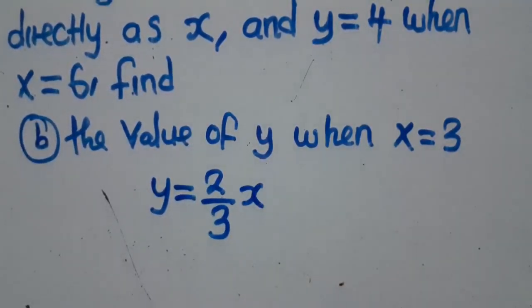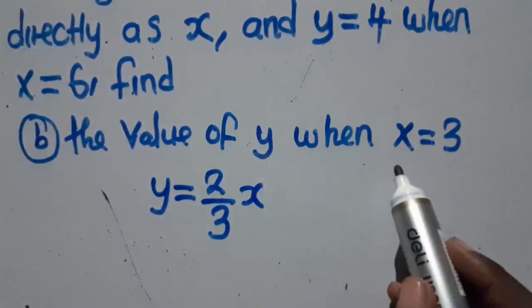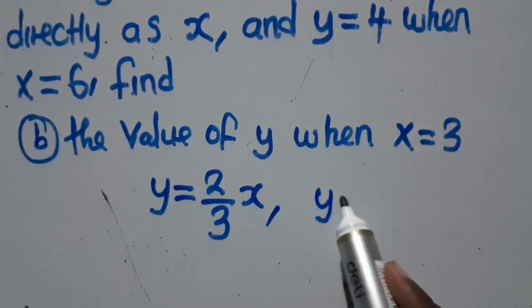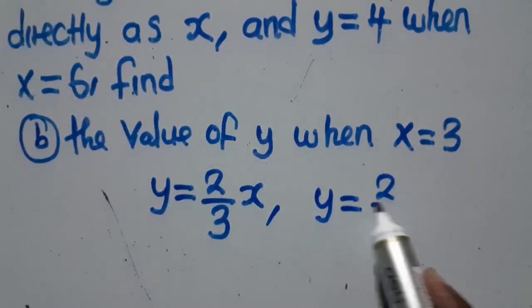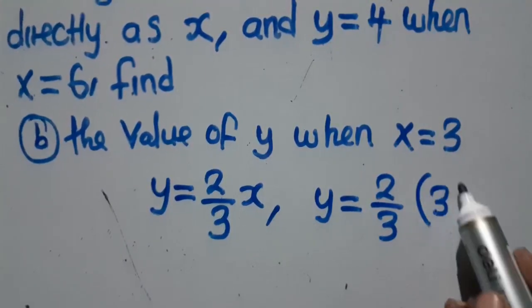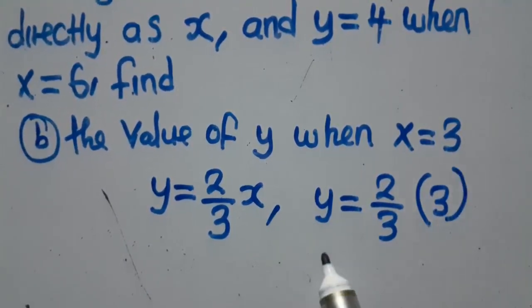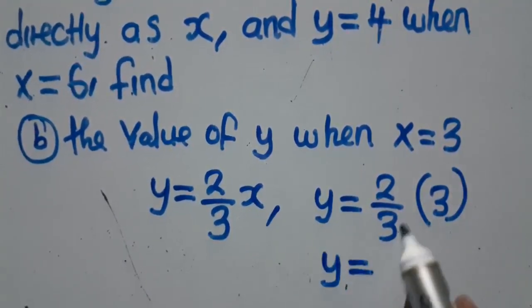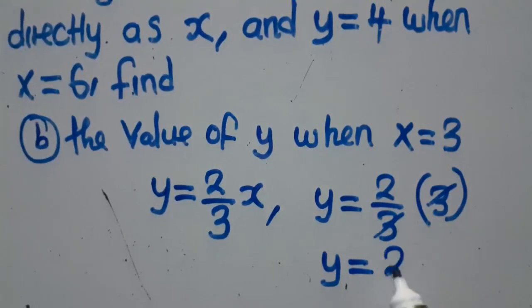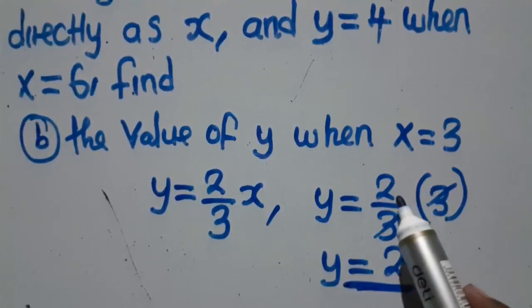You want to find the value of y when x is 3. So y is equal to 2 over 3 multiplied by x, which is 3. The 3 and 3 cancel out, and you are going to have a 2 there. So y is 2.